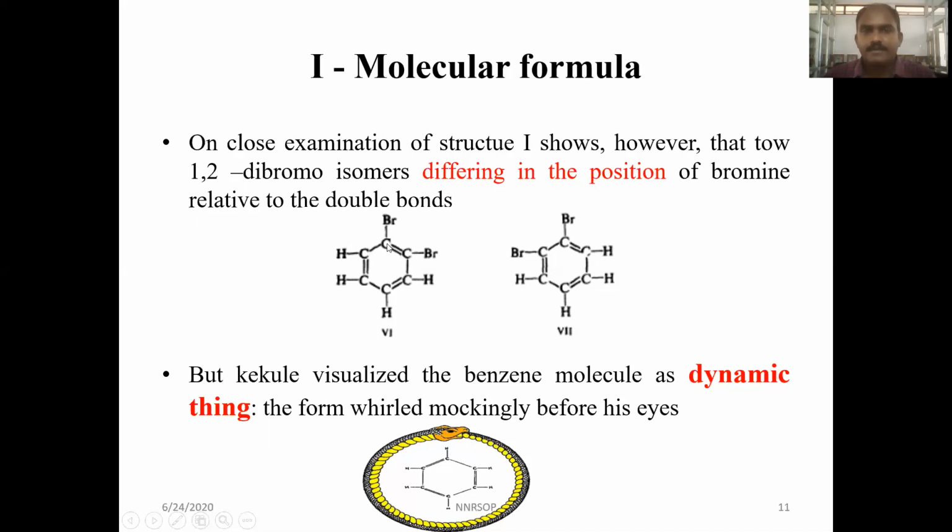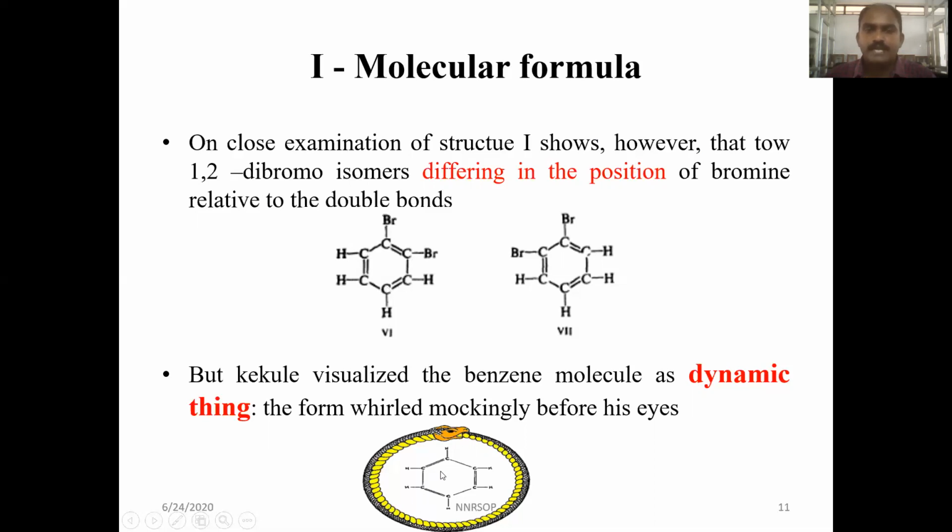Here the carbons have a double bond, and here the carbons have a single bond. So these two structures are differently arranged.